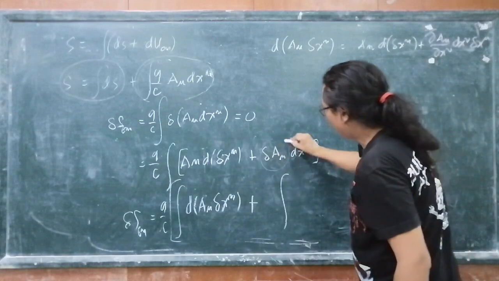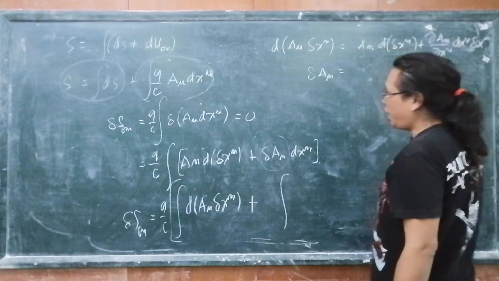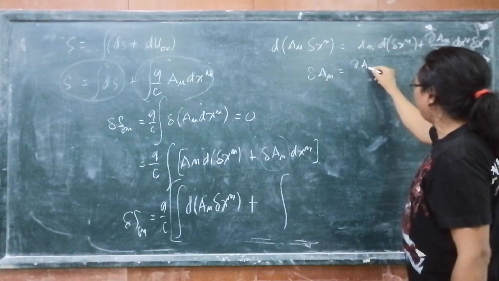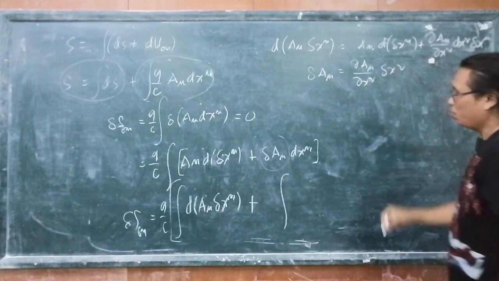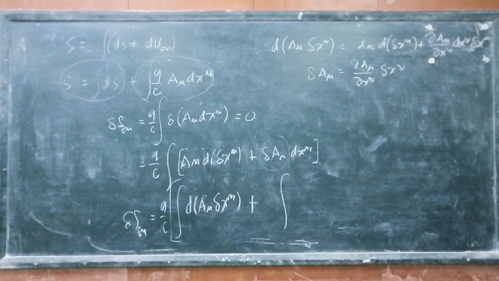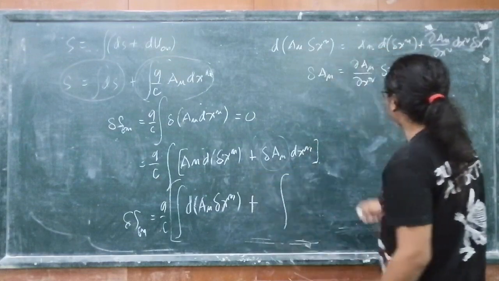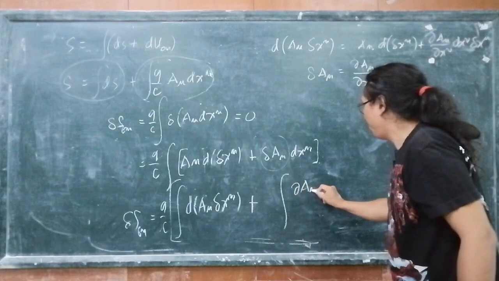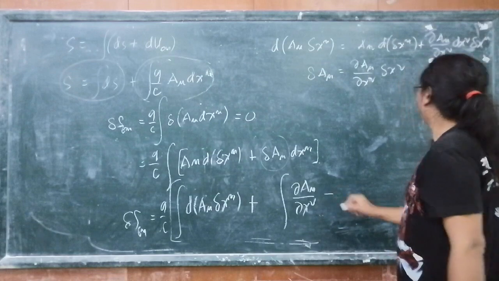But look at this. Delta A_mu can just be taken as partial A_mu over partial x^nu delta x^nu, right? So this is that partial A_mu over partial x^nu. Okay, minus.